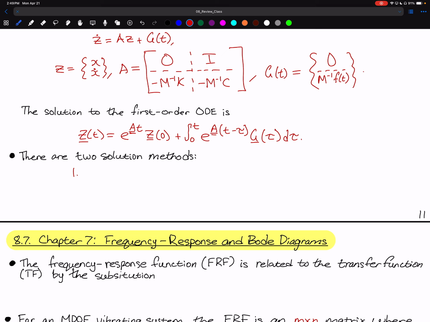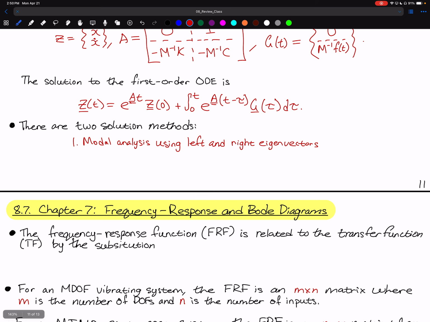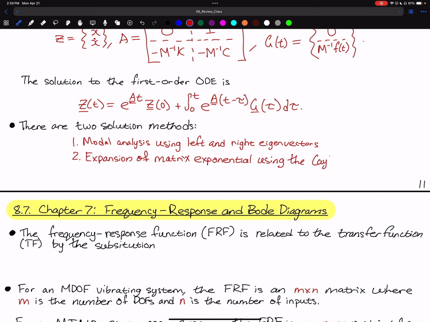The second is an expansion of this matrix exponential using the Cayley-Hamilton theorem, which states that every matrix will satisfy its characteristic equation.